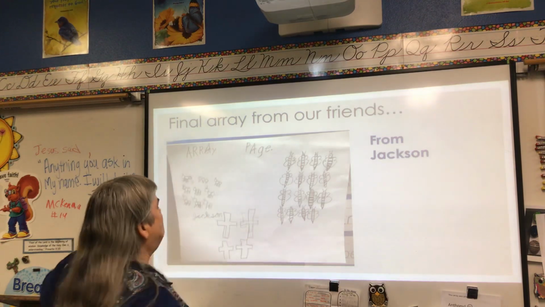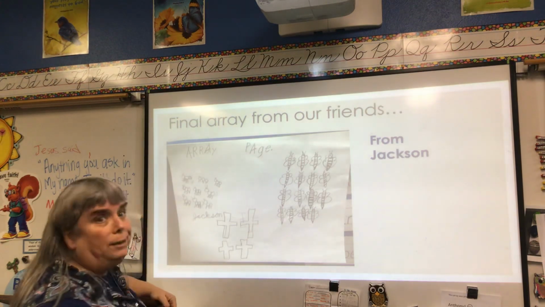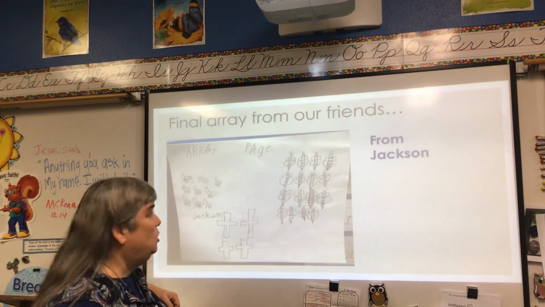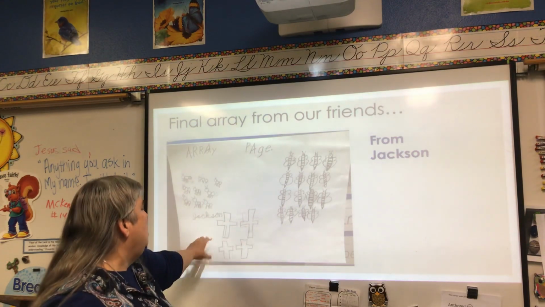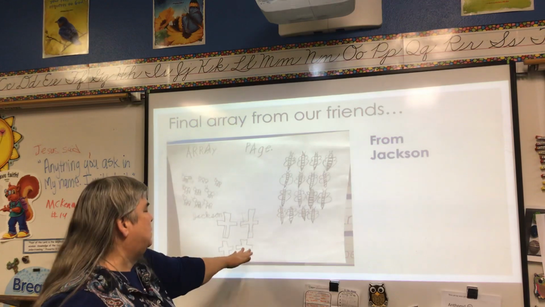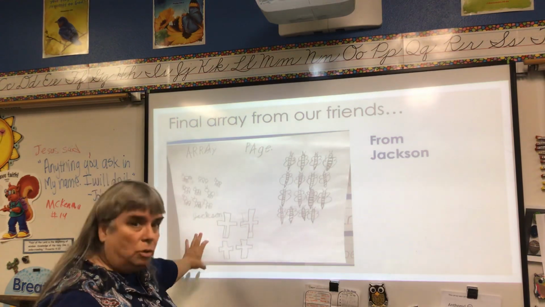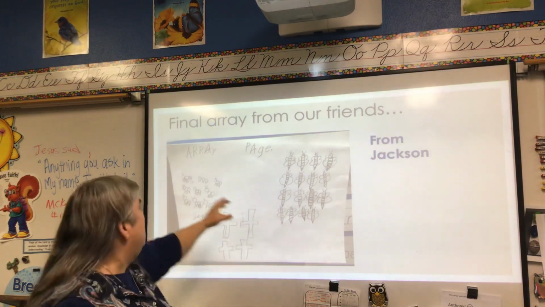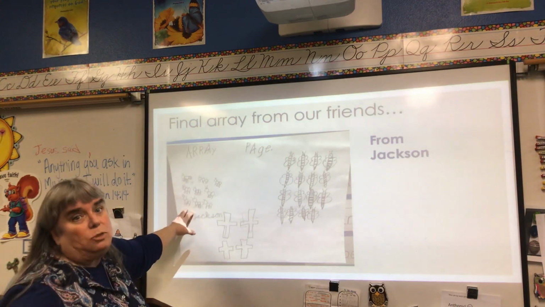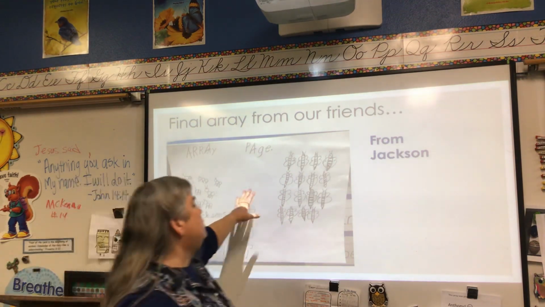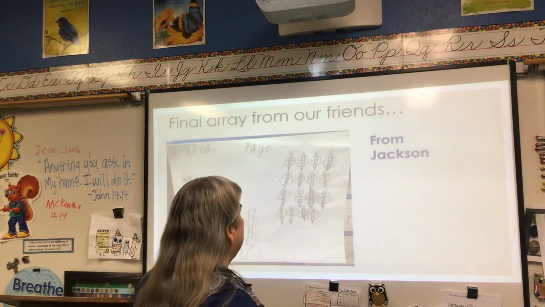So what Jackson has, we actually call these squares. And they kind of look like a square, especially this one right here, because it's 2 sets of 2. So 2 times 2 is 4. This one is 3 sets of 3. 3 times 3 is 9. And this one, are those bumblebees?